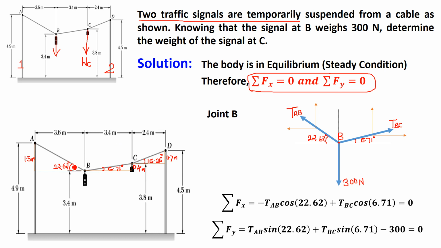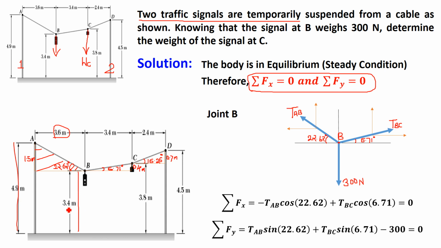Now before starting the solution of the problem, we have to work out the angles of cable AB, cable BC and cable CD. Based on the dimensions which are given, consider this triangle to find the angle of cable AB. This horizontal distance is 3.6 meter, and vertical we can calculate: total is 4.9 and this is 3.4.